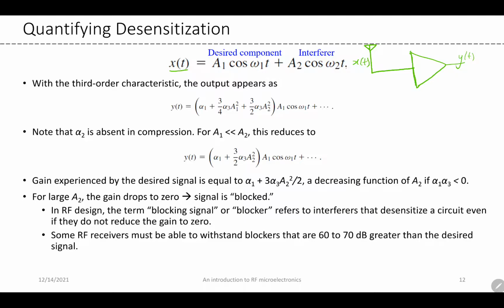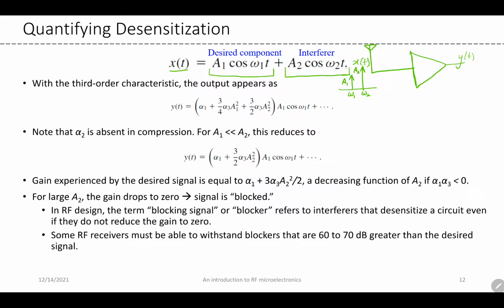Typically I receive a1 cos omega 1t, but someone wants to disturb my system, and sends another signal, a2 cos omega 2t, where a2 is a very high amplitude, so it's a high power signal at a different frequency. Someone sends it along with my desired signal, and I receive it through the antenna.